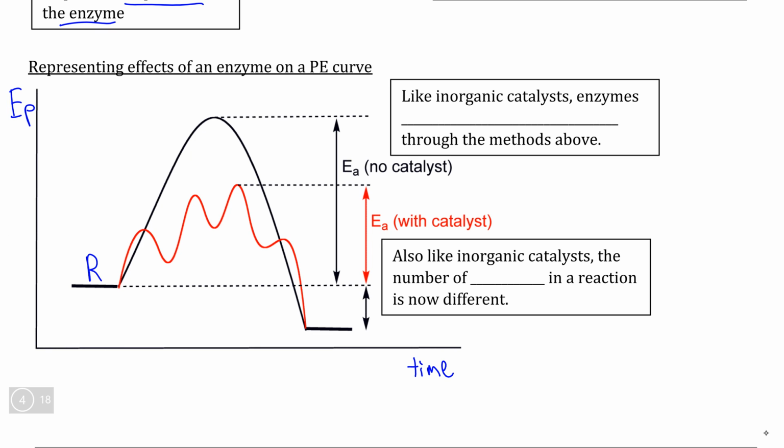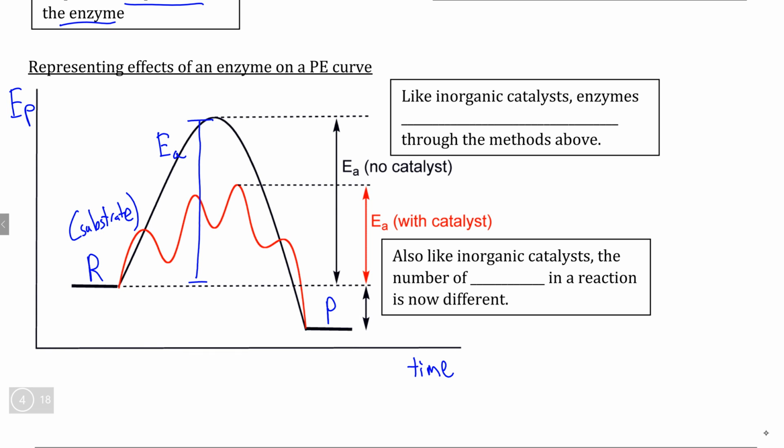And if our reactants are here, including our substrate, and if these represent the products, the molecules produced after catalysis, this distance here represents the activation energy, which is what we call E sub A.